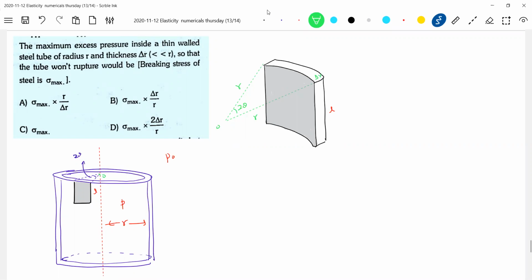Now here the pressure will be P, and on the right hand side it will be P naught. Inside the tube it will be P, outside will be P naught. So if you see the top view, only if you look at this structure, what is that structure? Here I'll show it.